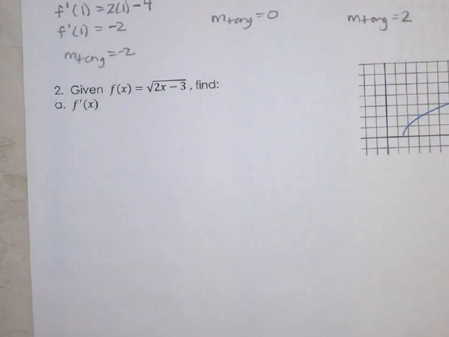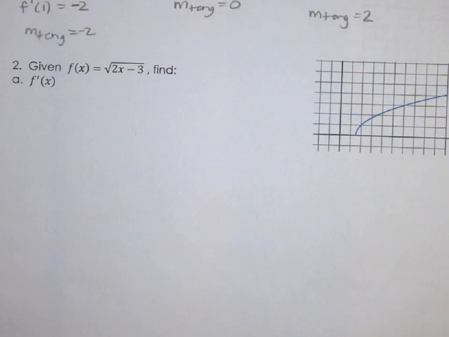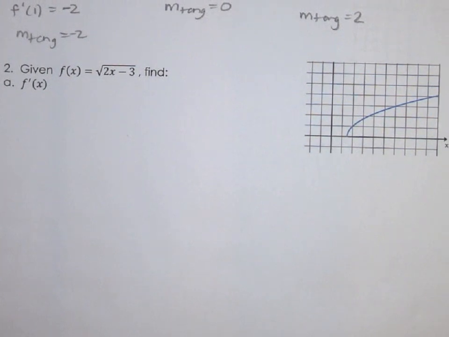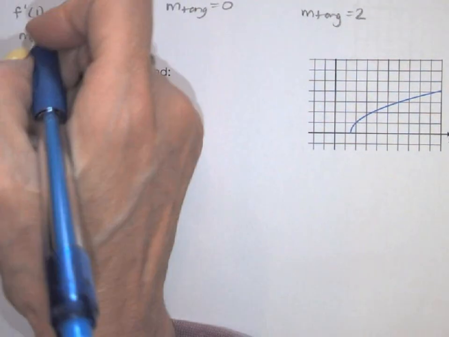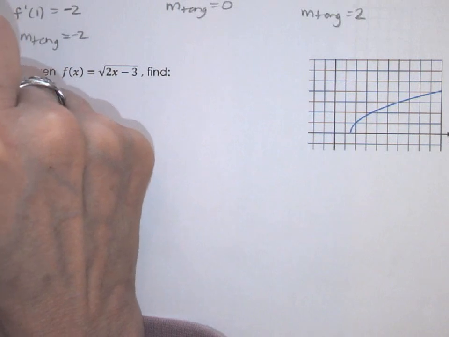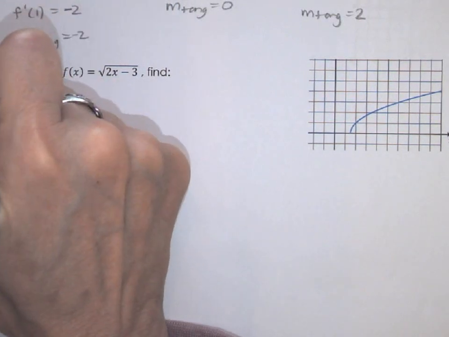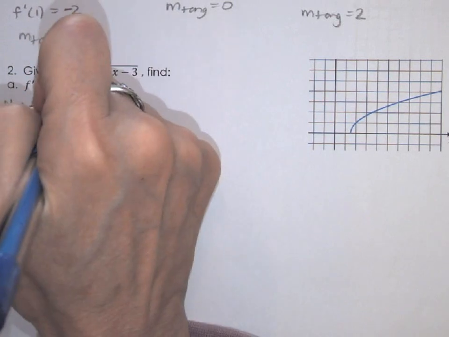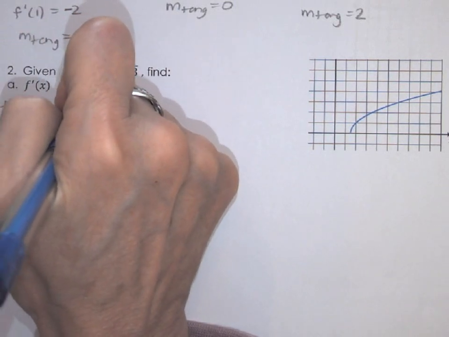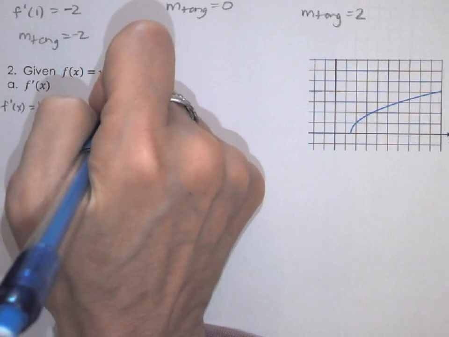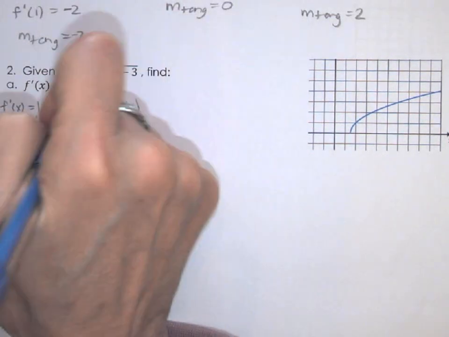All right, our second question. Given f at x is the square root of 2x minus 3, find f prime at x. Okay, so we're going to start with our formula. F prime at x is the limit as h approaches 0 of f at x plus h minus f at x all over h.